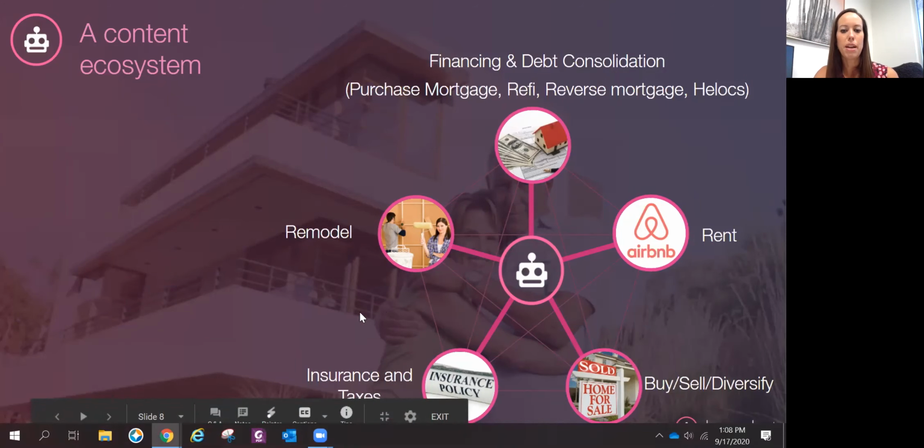It also talks about insurance and taxes, and it also talks about buying, selling, or diversifying. So it's really an all-inclusive system that becomes their source of knowledge on your behalf, right? Which is helpful.